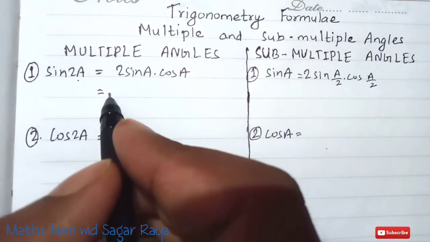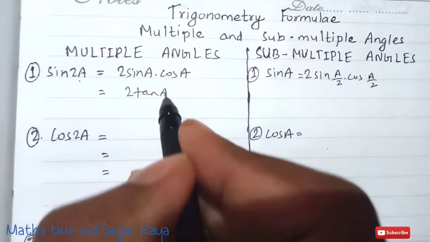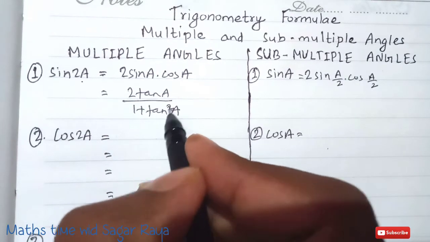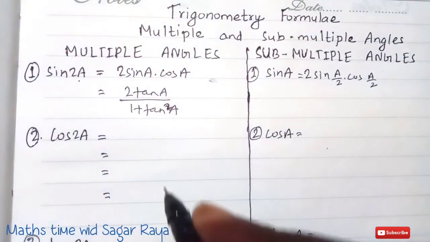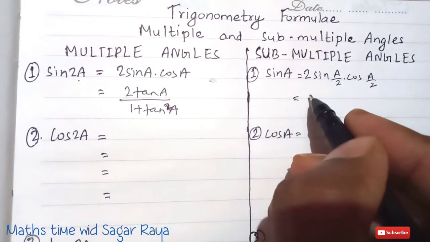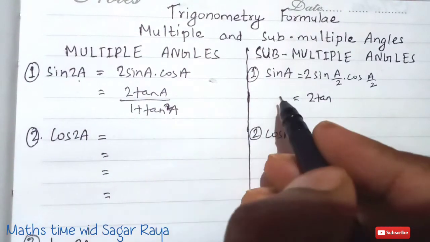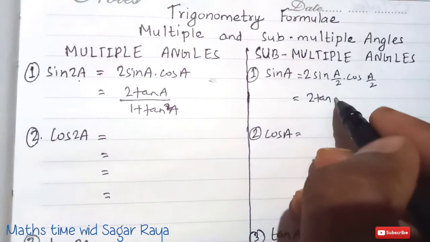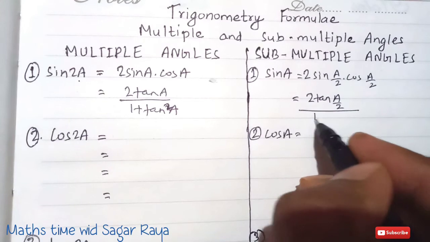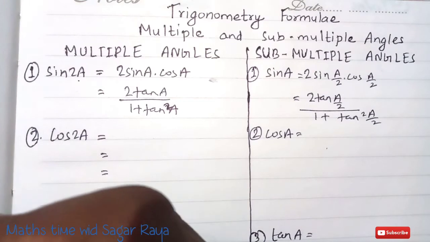Similarly, we have another formula for sin 2a, which is 2 tan a whole divided by 1 plus tan square a. So here also we can write this formula: half of 2a is a, so half of a is a by 2, so 2 tan a by 2 whole divided by 1 plus tan square a by 2.